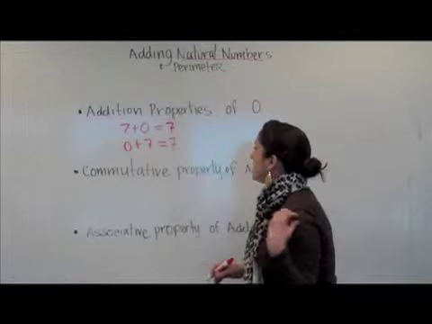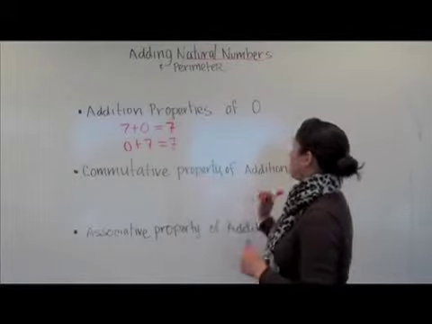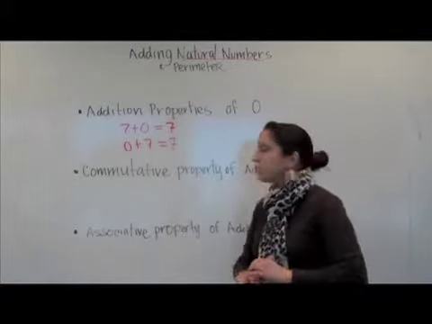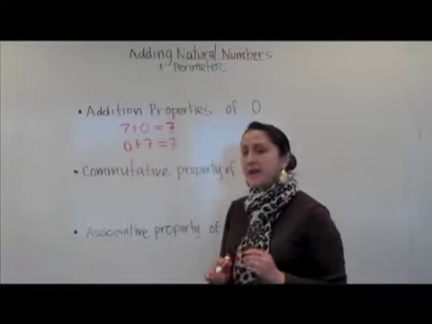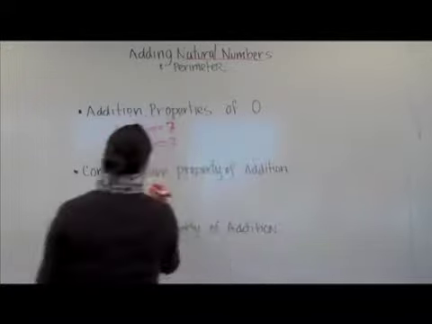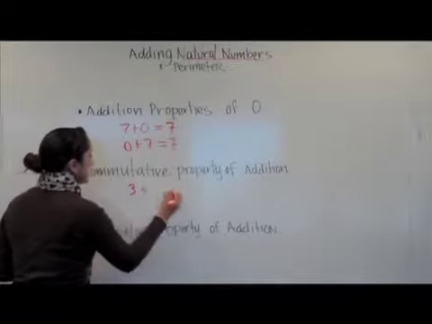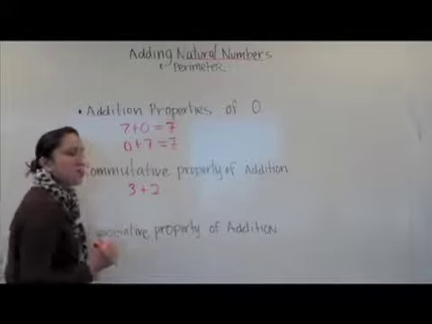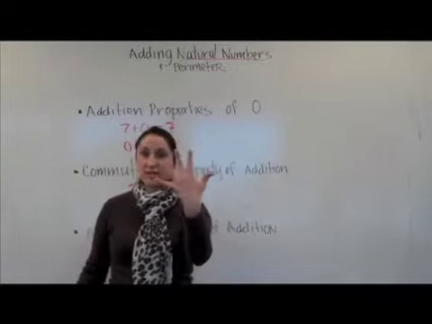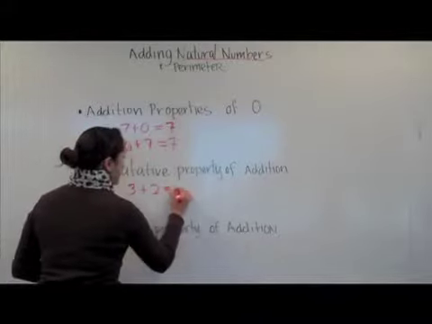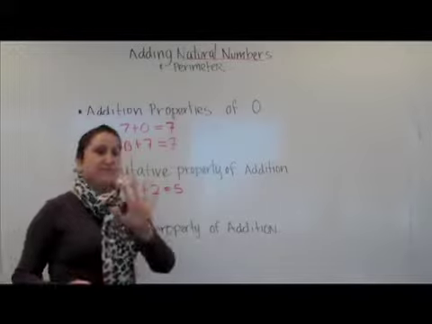Now, the second property is the commutative property of addition. It's very similar. If you have, in this case, 3 plus 2, we know that 3 fingers plus 2 more fingers is going to give me 5. So 3 plus 2 is 5.